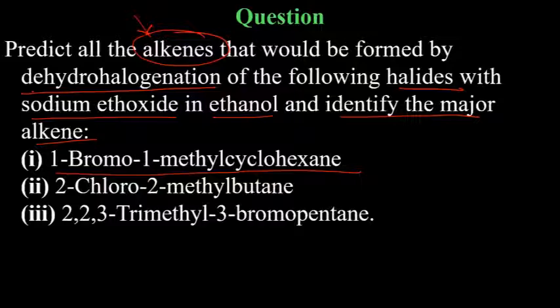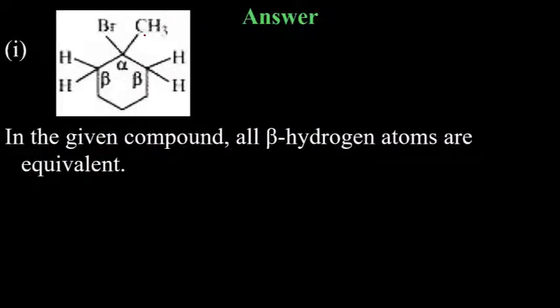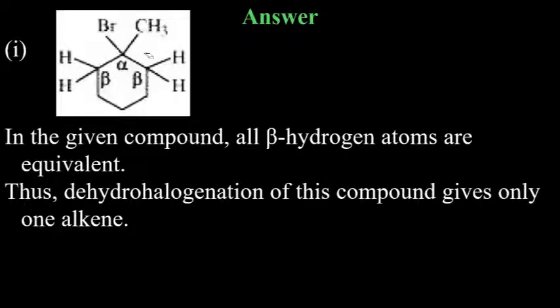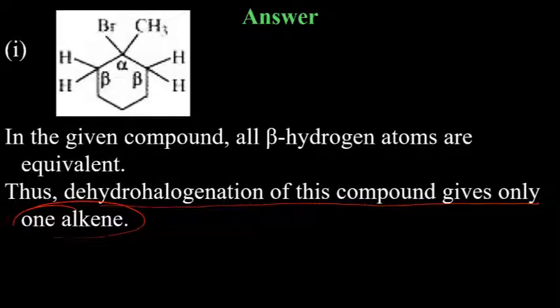If the question is what alkene will be produced, or what will be the product, you just mention the major one. Here, because it is symmetrical, whether the double bond is created here or here, only one product will be there. So you will say, thus dehydrohalogenation of this compound gives only one alkene, not two alkenes. So there will be only one, not major or minor.